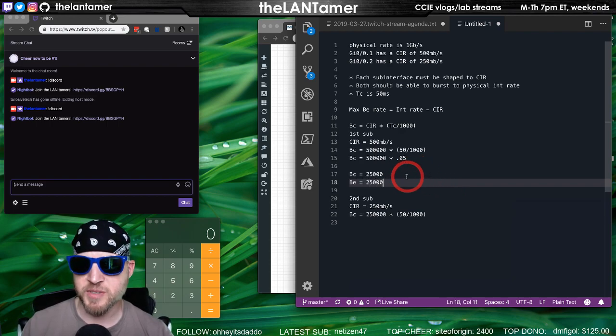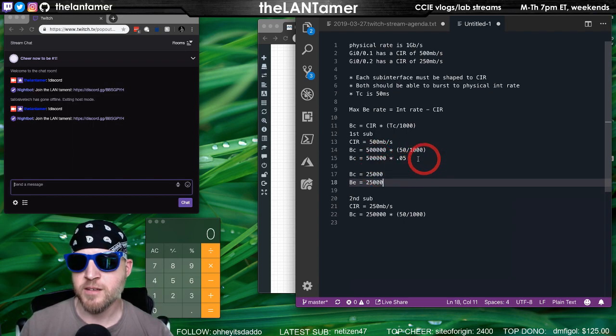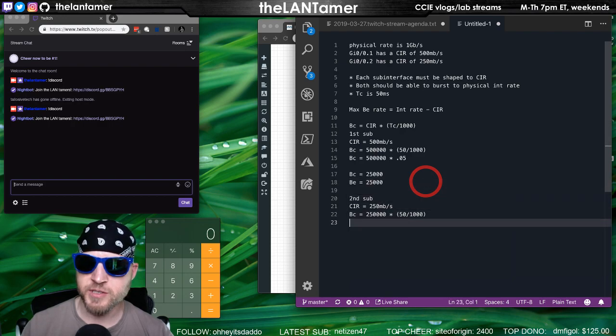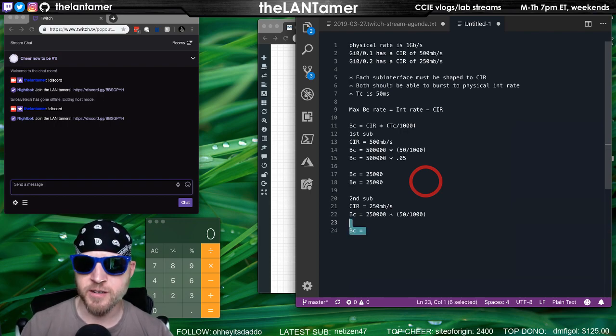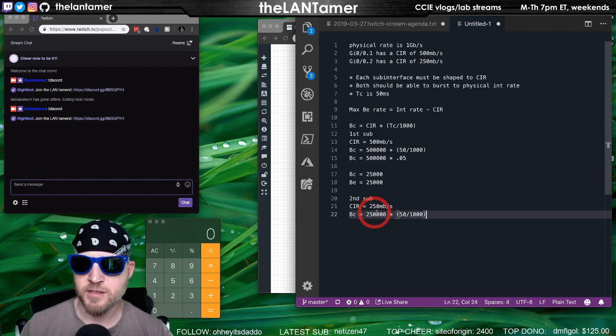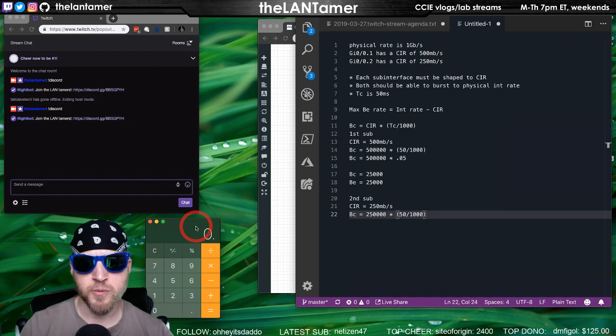That's 25,000 bits every 50 milliseconds. All right, so now let's go over to the second subinterface. In this case, we use our formula, BC equals... so we're going to do 0.05 times 250 million.